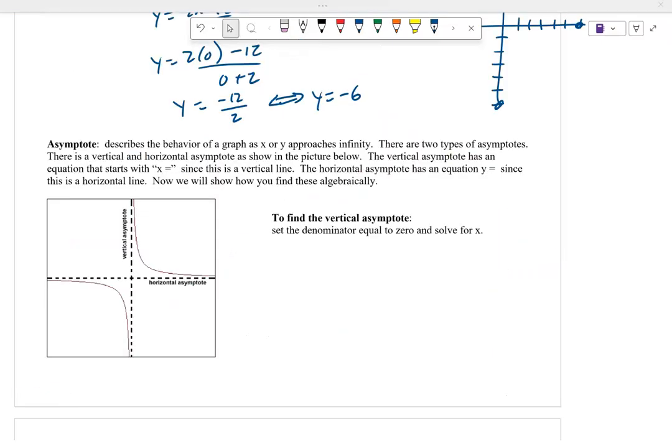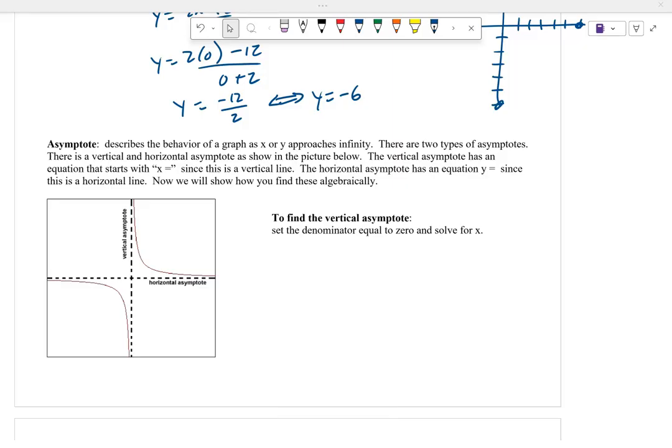Now we're going to talk about asymptotes for these rational functions, and this is the behavior as x approaches or y approaches infinity. There are two types. First of all, a vertical asymptote, and that's where the function is undefined.